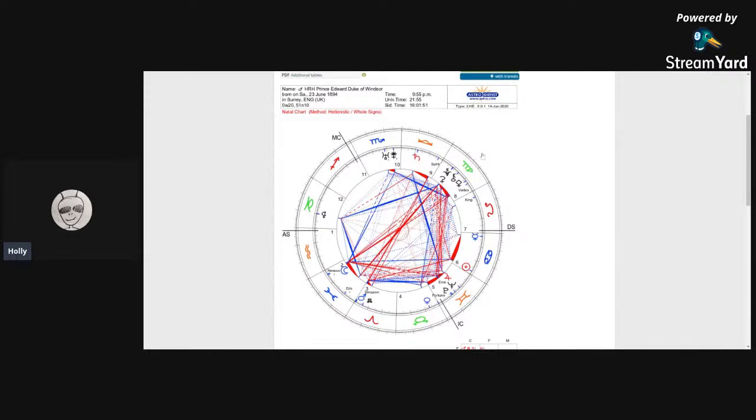This is the house of death, dying, the hidden, the occult. He does have his vertex there, which is a point of destiny, and a number of the more notable asteroids, Vesta and Ceres, are conjunct.